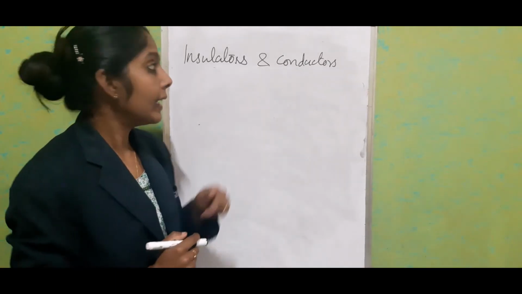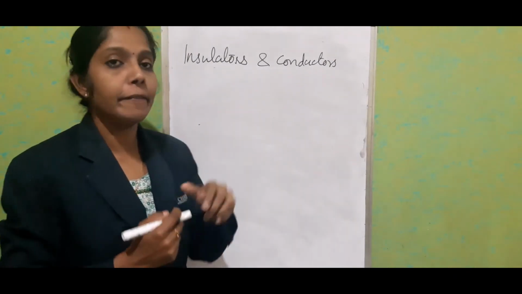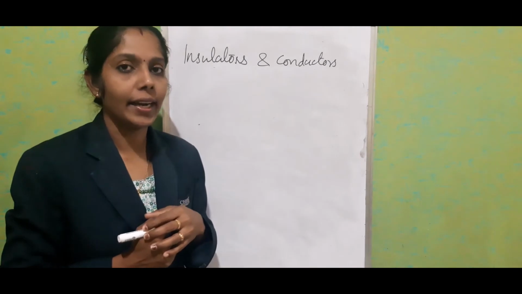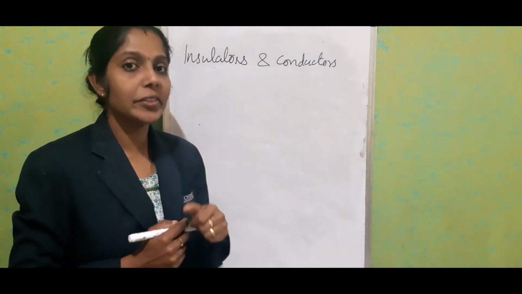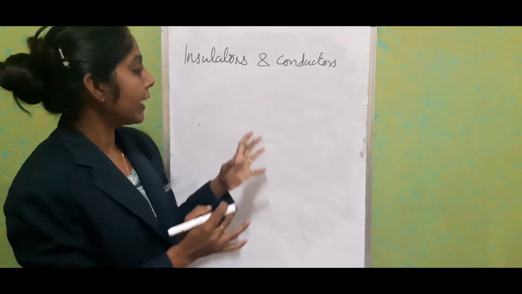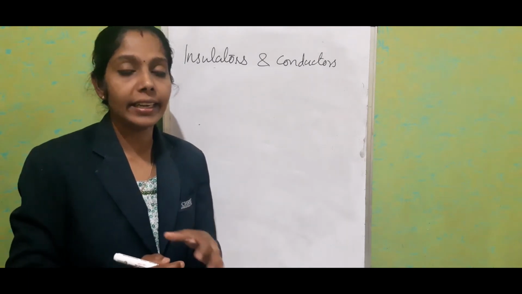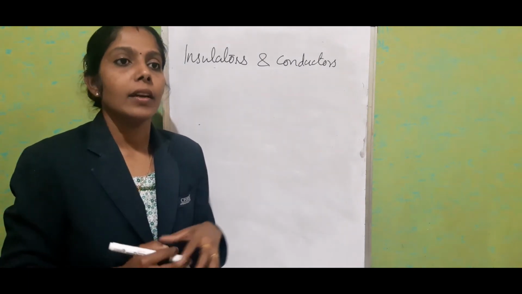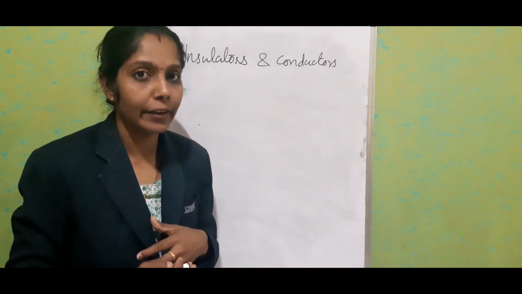Our next topic is insulators and conductors. This word is very familiar. Last year we also studied it, but in the case of heat: conductors of heat and insulators of heat. Here we are going to study conductors and insulators of electric current. We know that free electrons are responsible for the current flow.